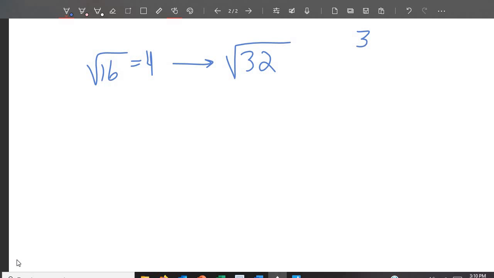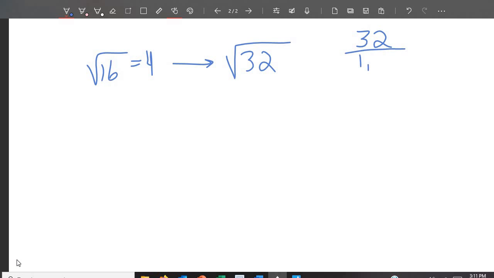So we all know how to take the square root of 16, which is 4. But what if I said, okay, let's take the square root of 32? Well, I can't take the square root of 32. So what we're going to do is list all the factors of 32, and find the biggest number that I can take the square root of.